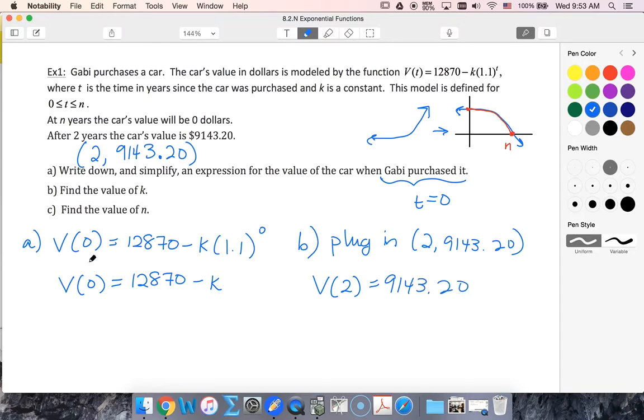I'm going to substitute into my original one. 9143.20 becomes my left side. My right side is going to be 12,870 minus k times 1.1 squared, because I'm plugging in my 2 for t.